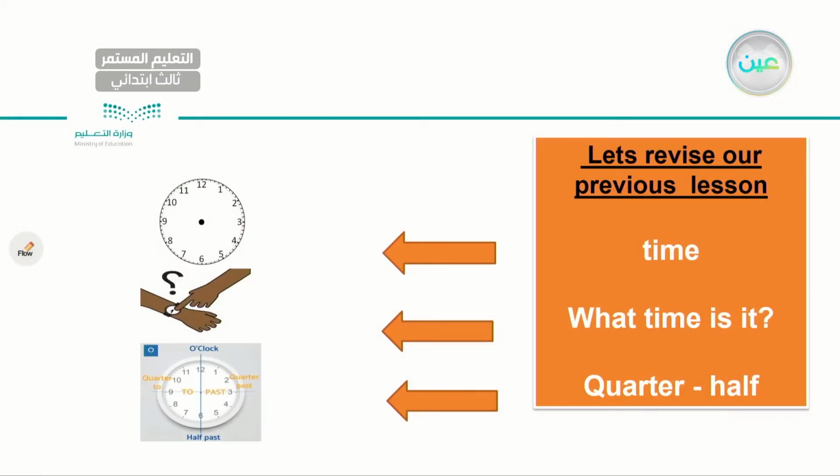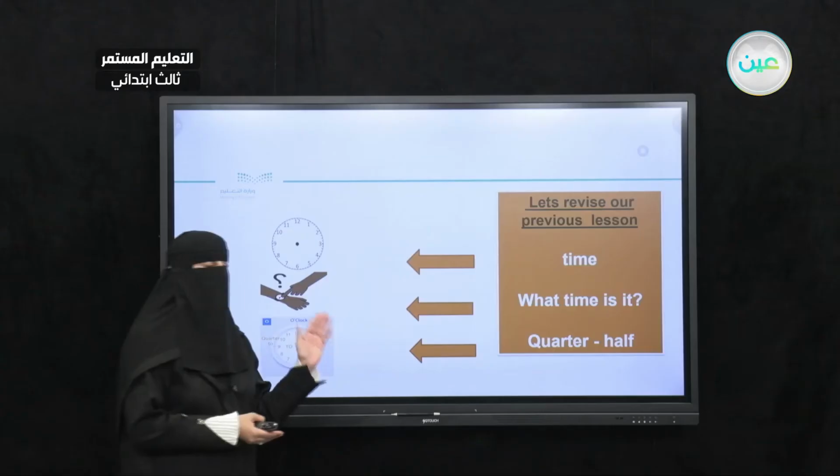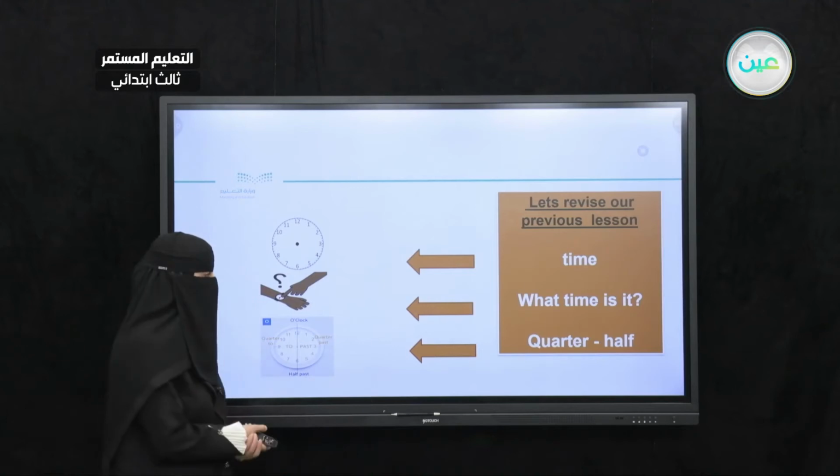Let's start by revising what we have learned in the previous lesson, my dear students. In the previous lesson, we practiced how to say the time, parts of the time, okay? Also, we were able to answer the question, what time is it, or what's the time, please. Also, we practiced how to use the quarter, like quarter past 1, quarter to 2, and we will revise them in our lesson.